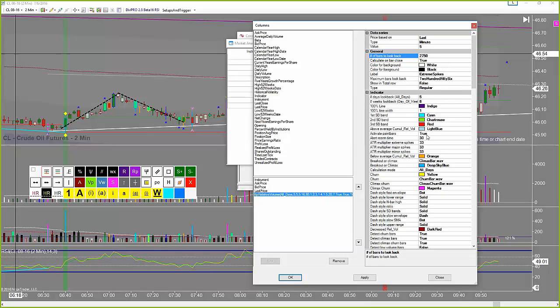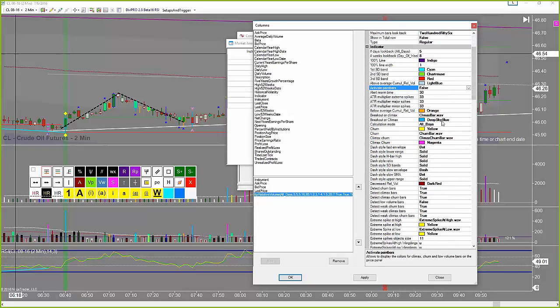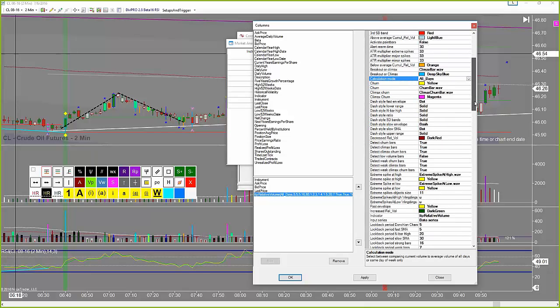And then we don't need the paint bars. Turn the paint bars off. All days. We don't need churn bars. We don't need any of those.